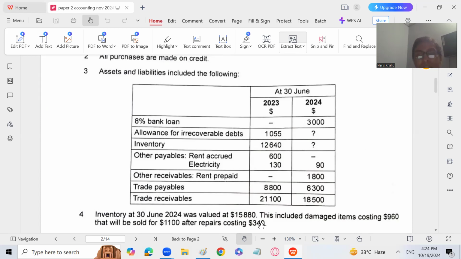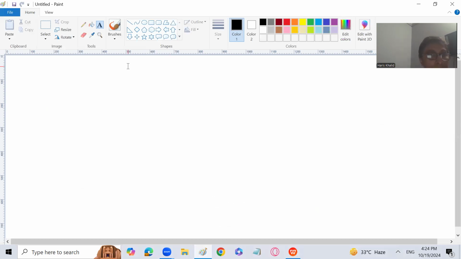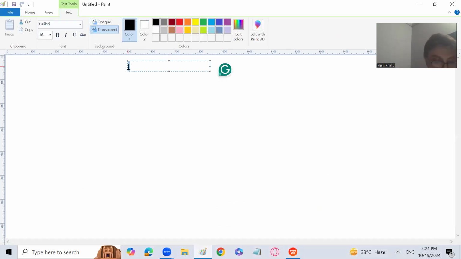So always remember this concept which I have told you, that inventory valuation will come with some part of the sole trader question. The inventory is valued at cost or NRV, whichever is less. NRV is going to be market value minus cost to sell. So if we talk about the inventory market value, or the NRV, what is the NRV for this question going to be?